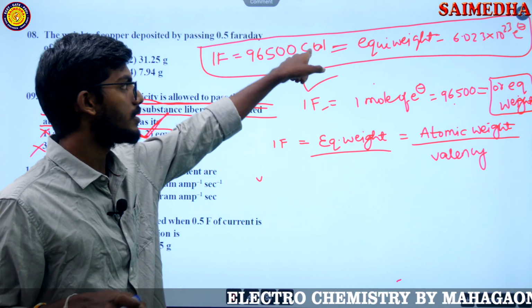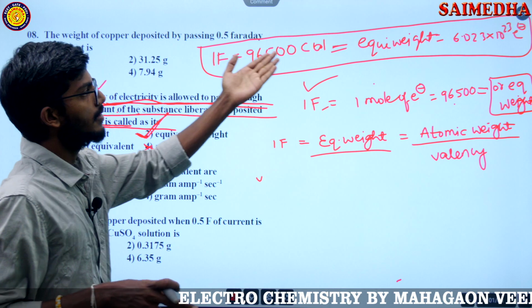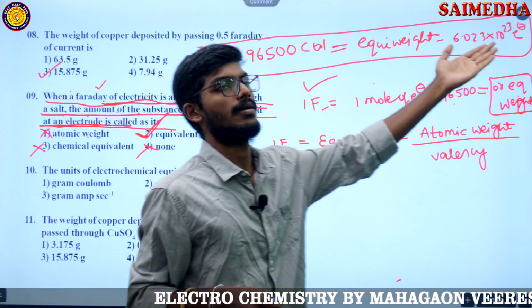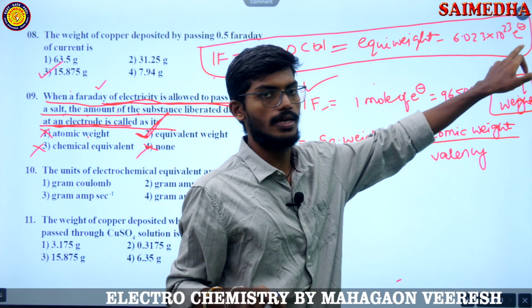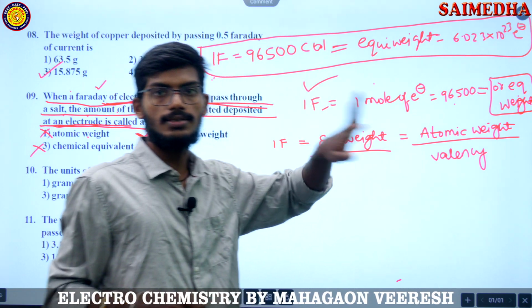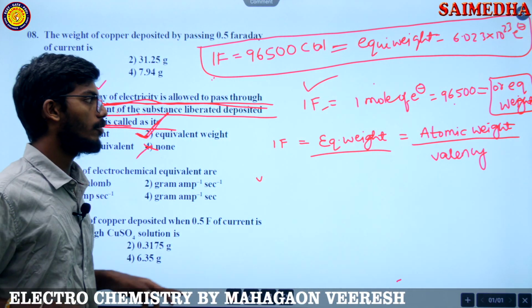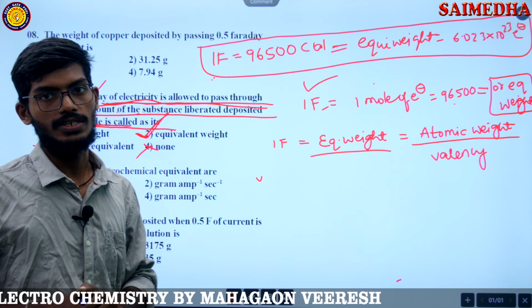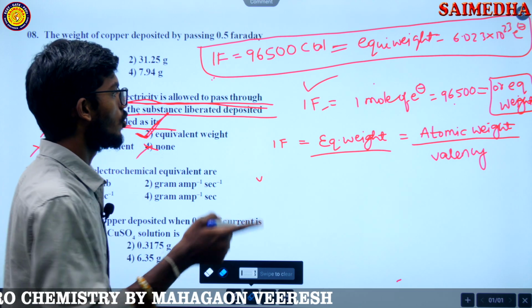If he is asking any changes in this, then you can make changes in everything. If it is multiplied by 2 here, then multiply everything by 2. If he is dividing by 2 here, then divide everything by 2. That's the only logic here, right? So take it down. We'll go with the next question. Okay, are you clear, guys? Hope you're getting it. So make a note.